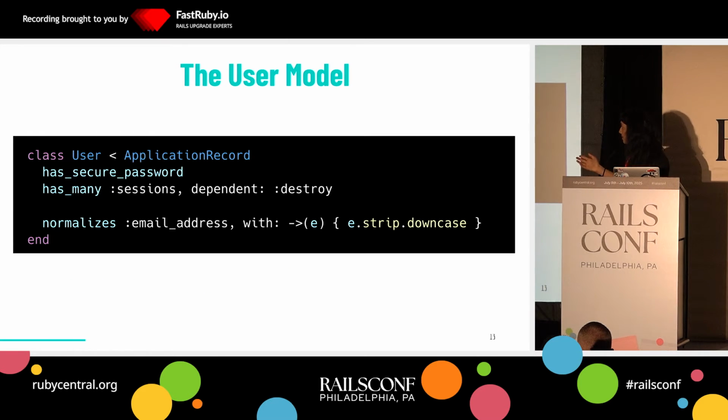This is how the user model looks after you run this generator. So it brings this has_secure_password helper that will give you password hashing, authentication logic, and validation with bcrypt behind the scenes, a normalization of the email, so your database will look neat, and an association with sessions, which is one of the other models this generator includes.